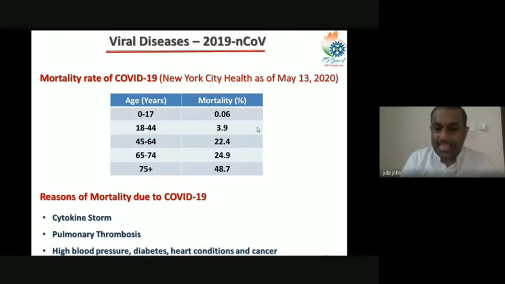The next reason is pulmonary thrombosis. It has been found in many countries around the world, during the autopsy of patients who lost their lives with COVID-19 infection, that thrombosis, or blood clots in small veins in the lungs, was seen.